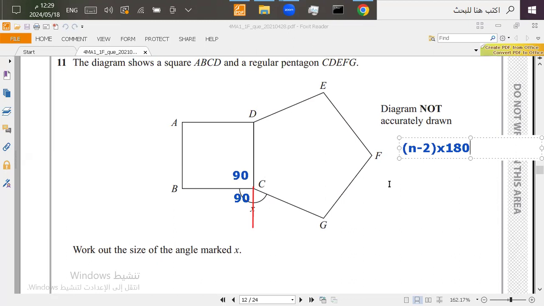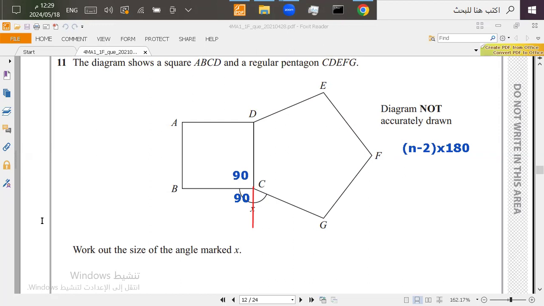Or we can use the other method of the 360, because all exterior angles of any shape will add up to 360. When you divide it by the number of sides, you'll get the exterior angle. This one will help you find the interior angles, and then you take the sum of the interior angles, divide by the number of angles, and you'll find the interior angle. Subtract it from 180, you'll get this one.